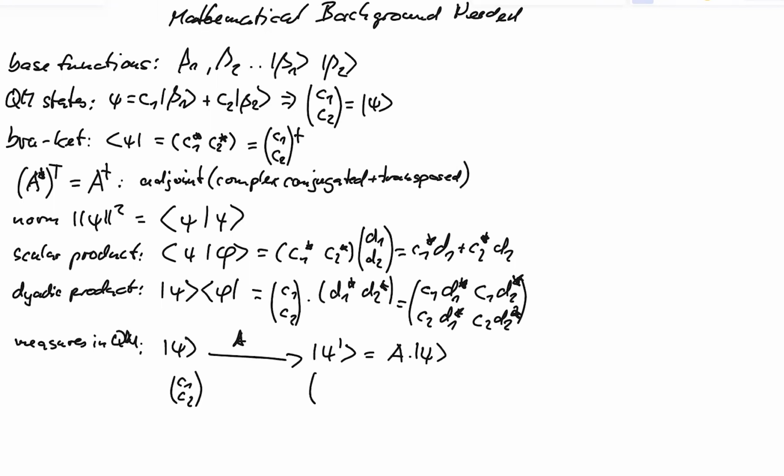And psi prime is again a column vector, C1 prime, C2 prime. And that is now the product of the matrix representation of the operator A, which is a matrix here called A11, A12, A21, A22, times the column vector C1, C2. And you should be familiar with the matrix product.